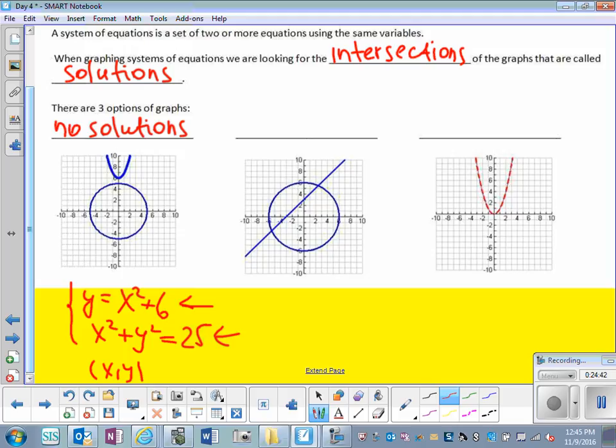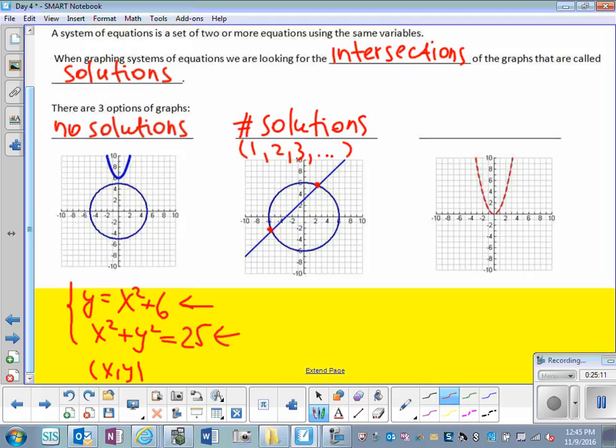What about the second example? 2 solutions. In this example, we have exactly 2 solutions. We have a line and the circle, and they intersect in 2 points. So these 2 points will satisfy the equations for both of these graphs. In this second scenario, sometimes we could have 1, sometimes 2, 3, or many solutions, depending on what graphs we are talking about.